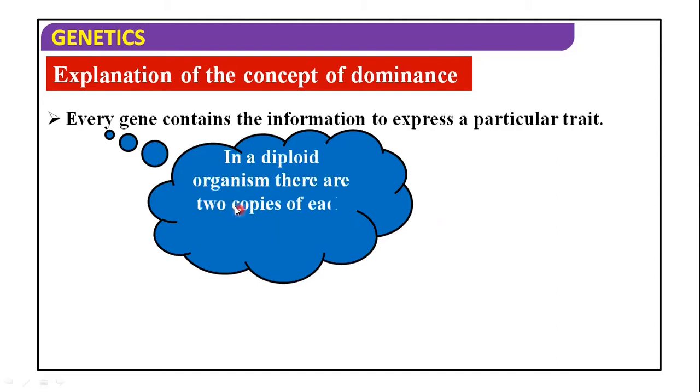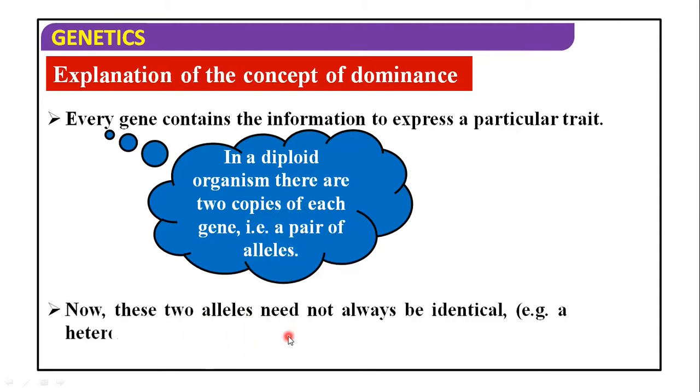In a diploid organism, there are two copies of each gene, known as a pair of alleles. These two alleles need not always be identical, for example, they can be heterozygous.